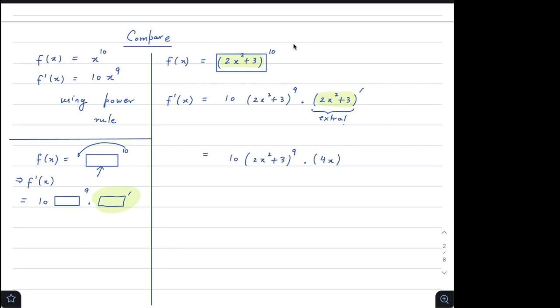Let me give you one more example so you are sure. Go ahead and find the derivative of the function.